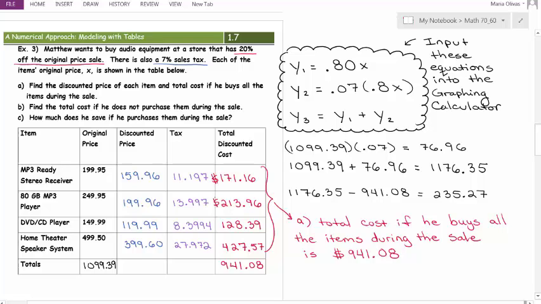And I'm going to go ahead and put dollar signs on each one of these amounts since it is part of the answer, so I know that I'm labeling my units. Alright, let's go to part B. Find the total cost if he does not purchase them during the sale. Let's go ahead and write that down.